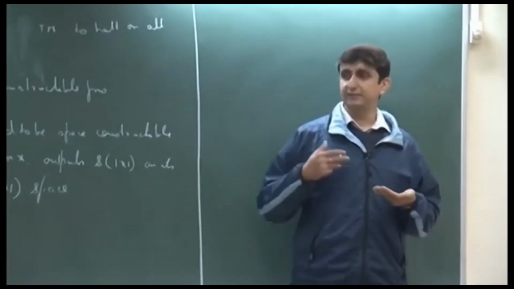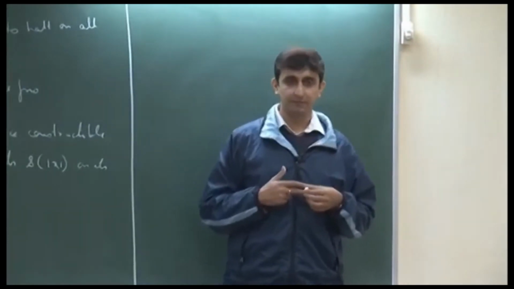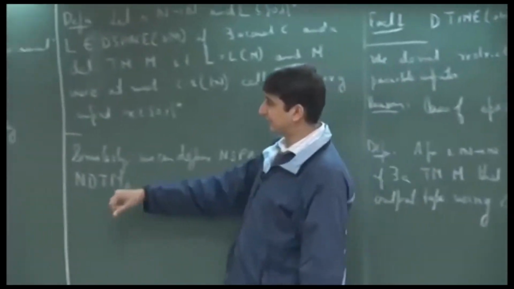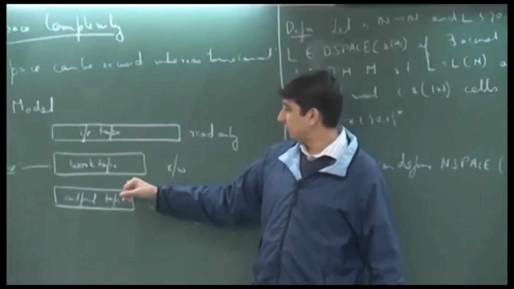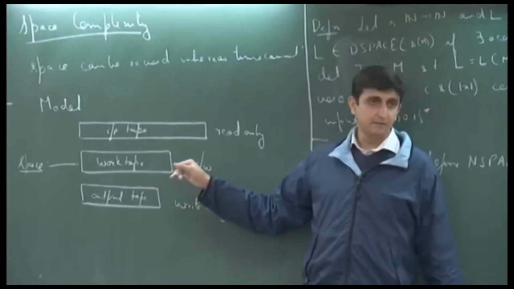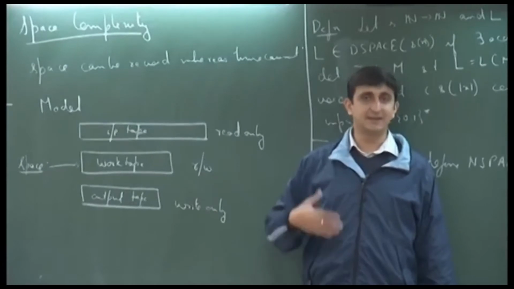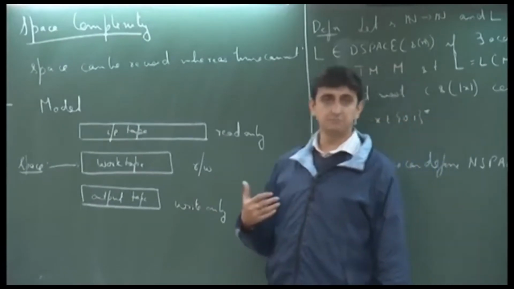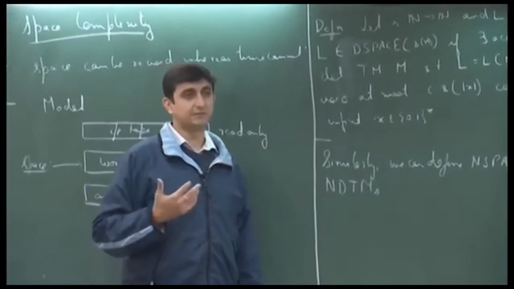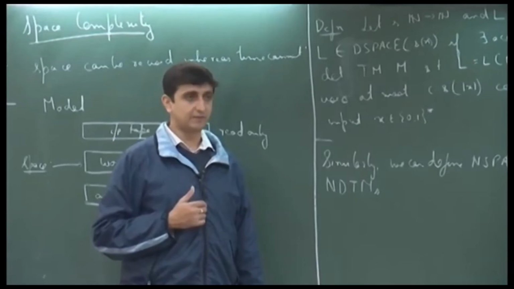That is, whenever the Turing machine takes a step, that counter gets incremented by 1. Now, if you have a Turing machine which uses, let us say, some constant c times s of n number of cells, the total number of different configurations that that machine can get into is 2 to the power order of s of n number of configurations.